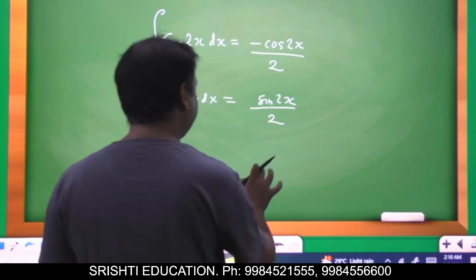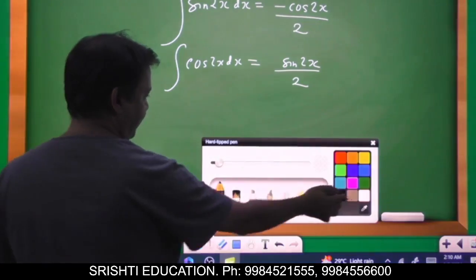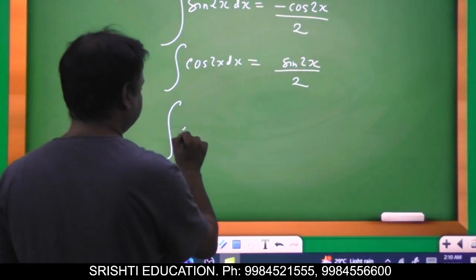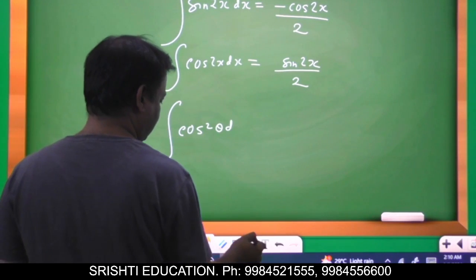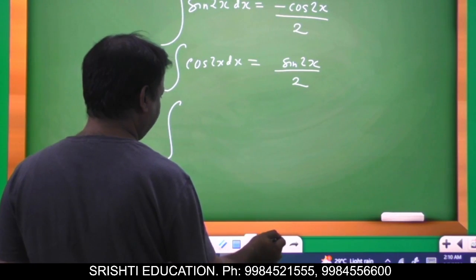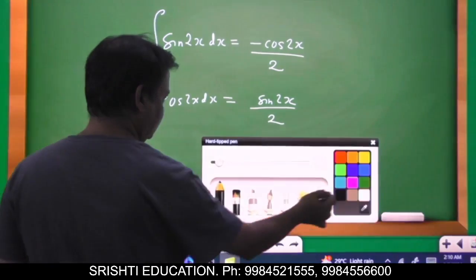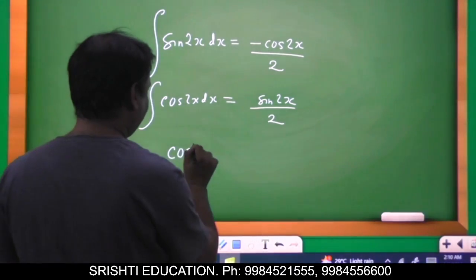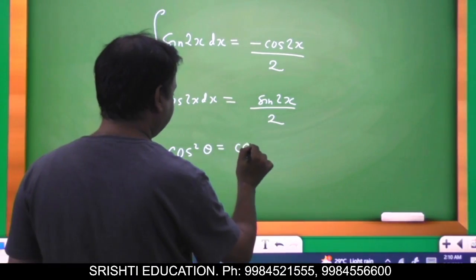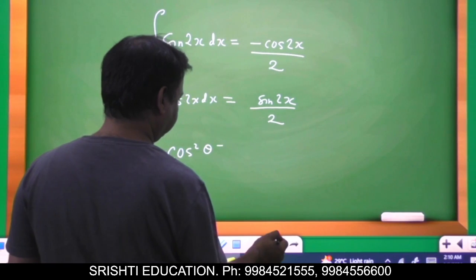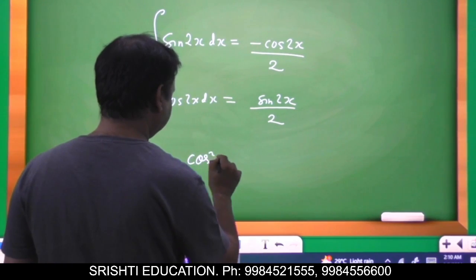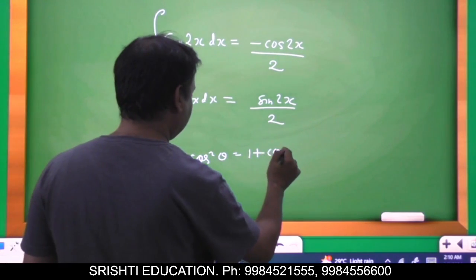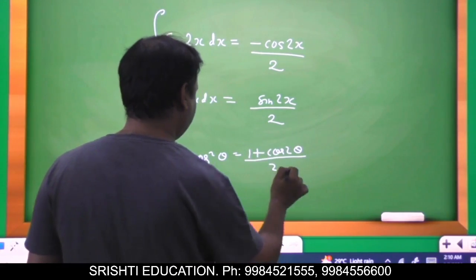And then we have seen some basic trigonometric formulae. I'm just writing the formula, so right now let's not write the integral. When you're writing cos square theta, you can write it as one plus cos 2 theta by 2.